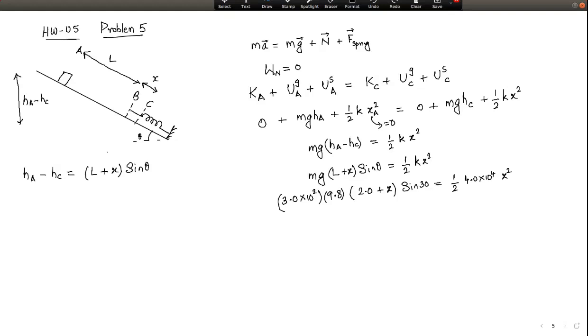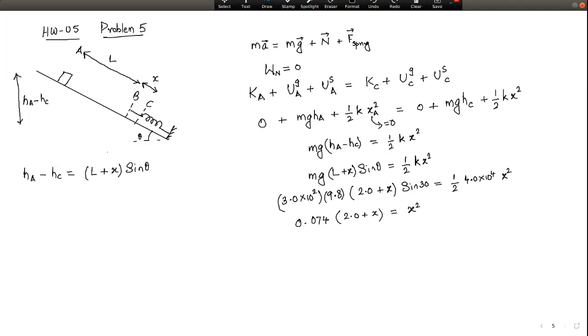Sine of 30 into 2 divided by 4. And that gives me 0.074 times (2.0 plus x) is equal to x squared.